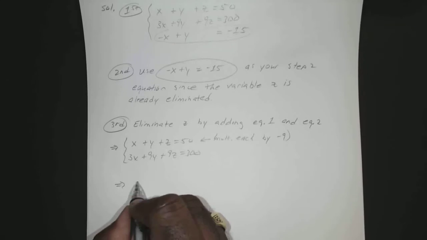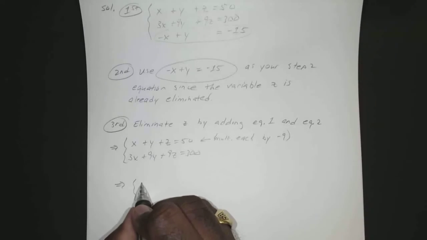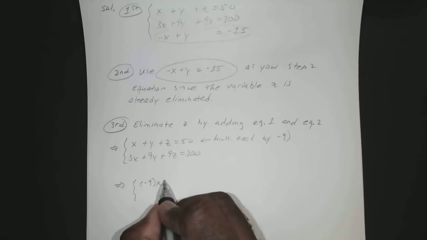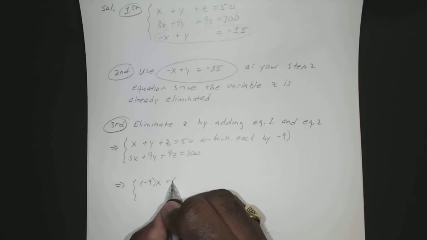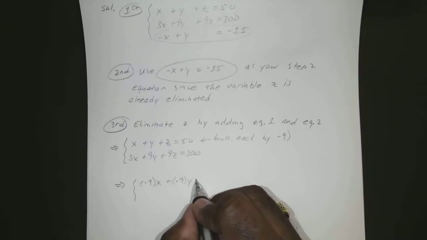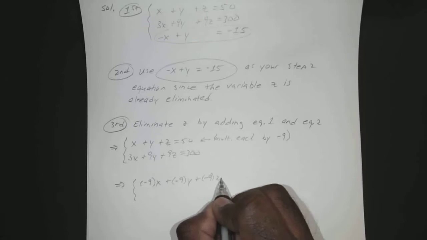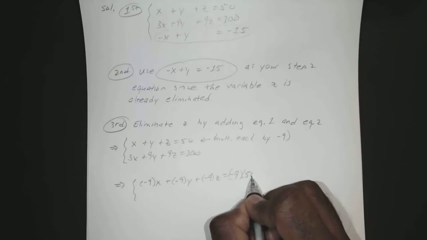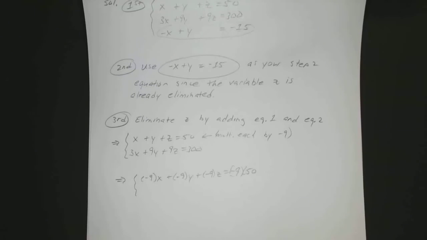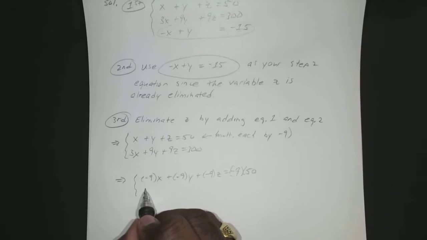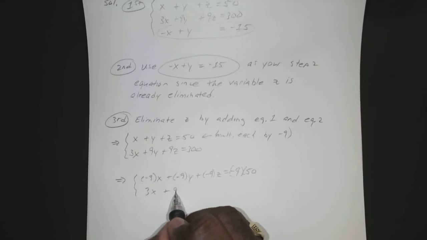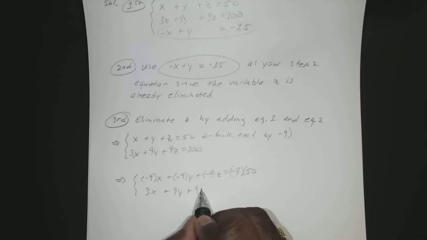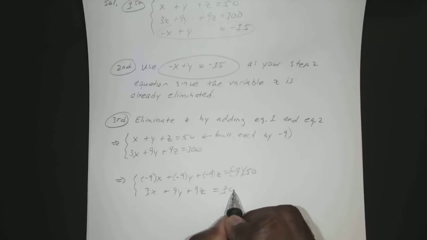That would give us negative 9 times x plus negative 9 times y plus negative 9 times z equals negative 9 times 50, and 3x plus 9y plus 9z equals 300.